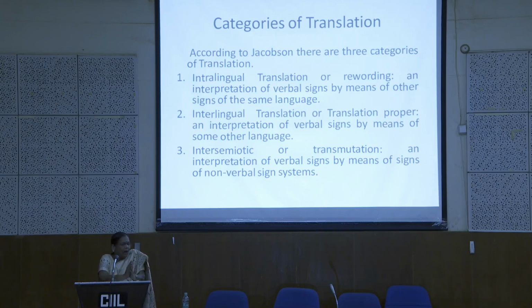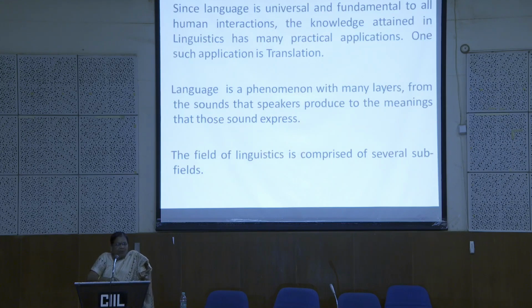This is what we call the types of translation. What is language? Language is a tool for communication. What is translation? Communicating the culture or any content from one language to another language. Communicating some message from one language to another language.